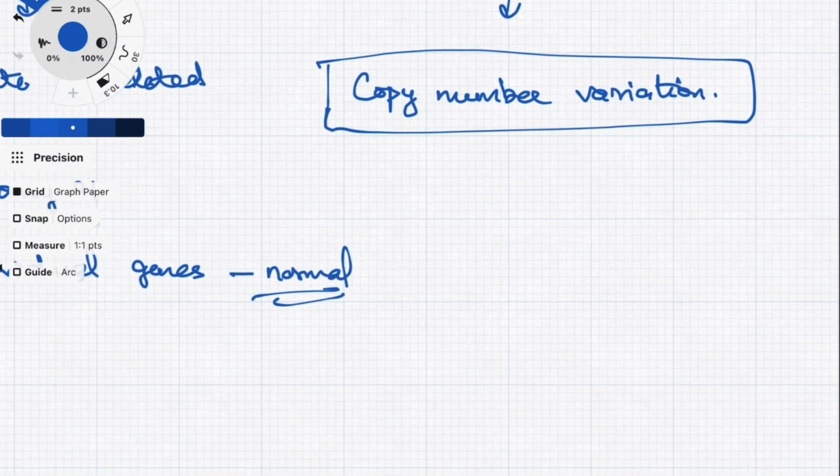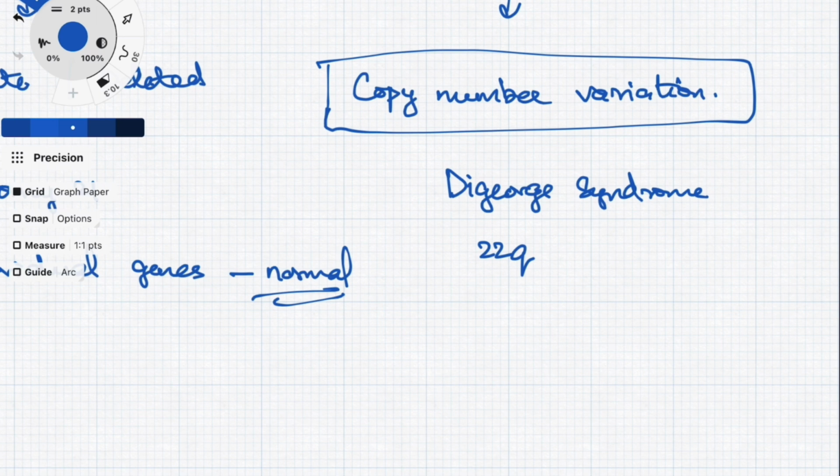One example of this kind of disease is DiGeorge syndrome. It is generally written as 22q11.2 deletion. A small segment of genes present in the 22nd chromosome, in the long arm or q arm at 11.2 position, is deleted.